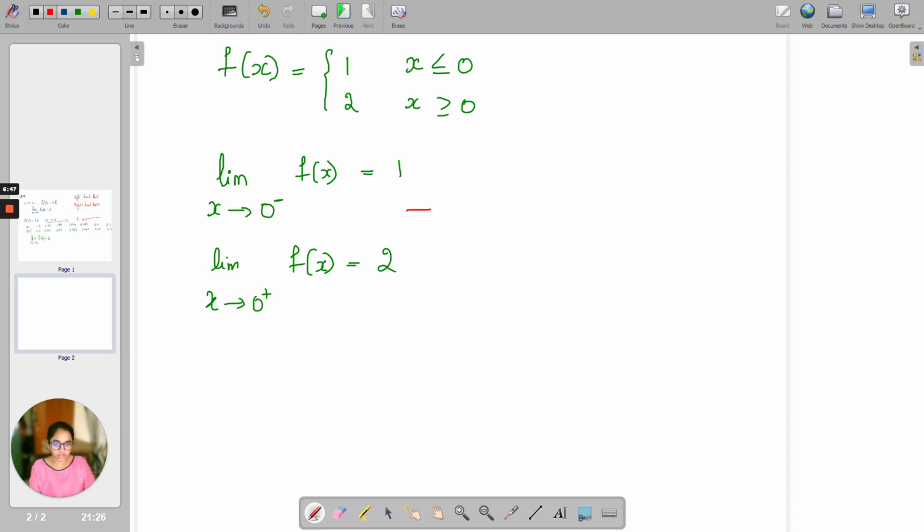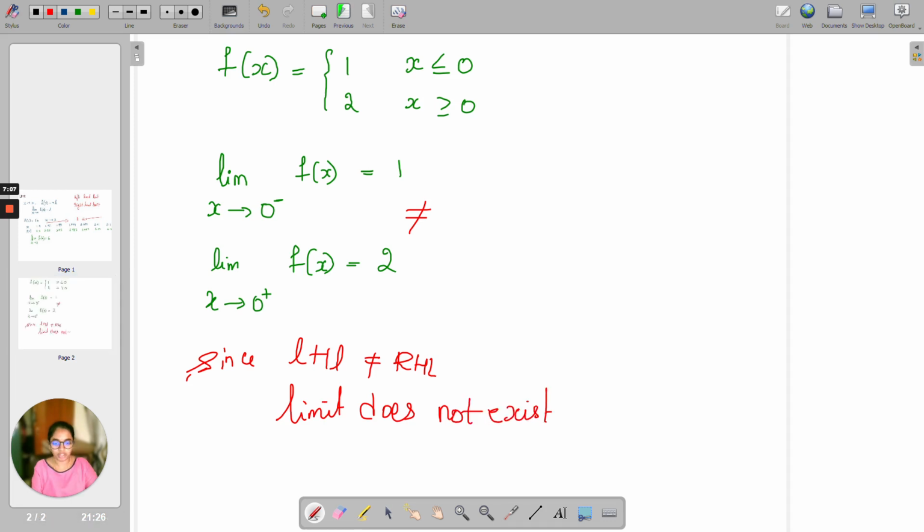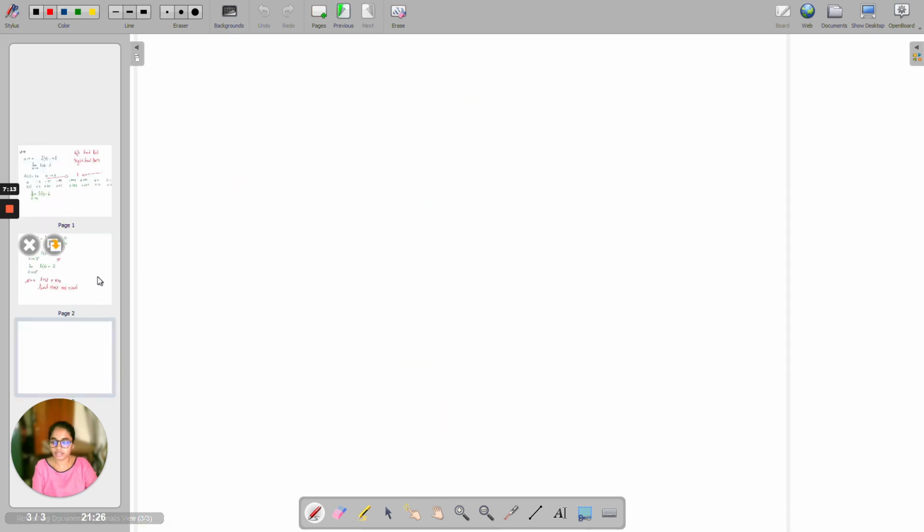No. So I can write, since LHL is not equal to RHL, limit does not exist. If you had no party to attend, you wouldn't have a limit, right? Yes, this means the same.